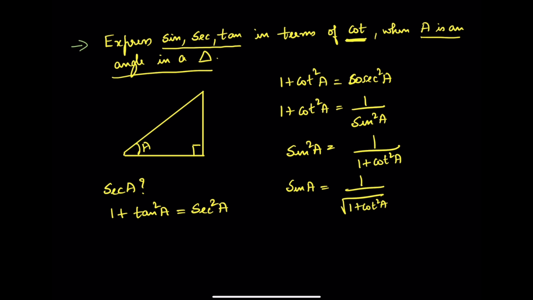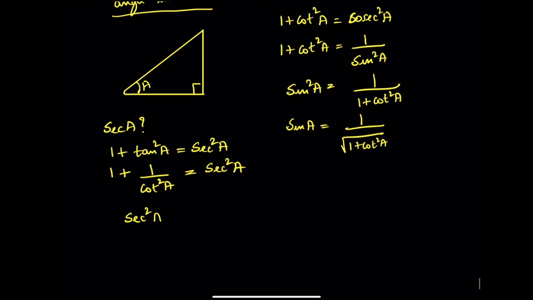So this can be written as 1 plus tan square A is equal to 1 by cos square A. Oh, we don't need this because we need secant, right? So what we can do is we can change this to 1 plus 1 by cot square A is equal to secant square A. Correct?